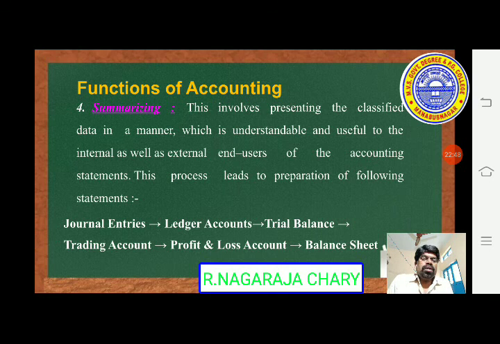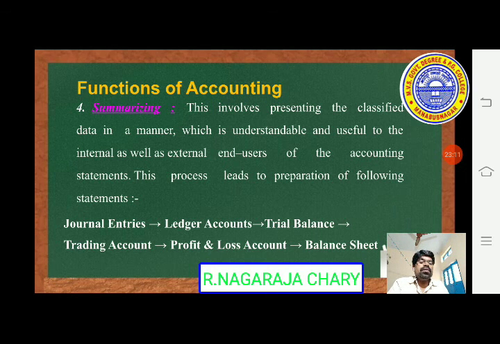Okay. After completing the trial balance, we have to prepare the trading account. This gives us the trading result, that is gross profit or gross loss. Next, we have to prepare the profit and loss account. It gives us profitability, that may be net profit or net loss.